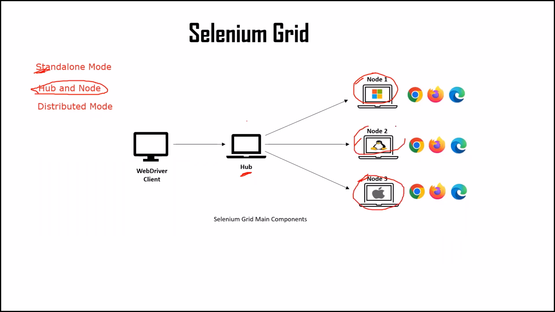Also, we can have different machines where we have different versions of browsers available. For example, in one machine, we can have Chrome version 110, and in another machine, we can have Chrome version 109. So based on our requirement, we can have different sets of machines with different sets of browsers. And then we can combine all those machines in a single grid.